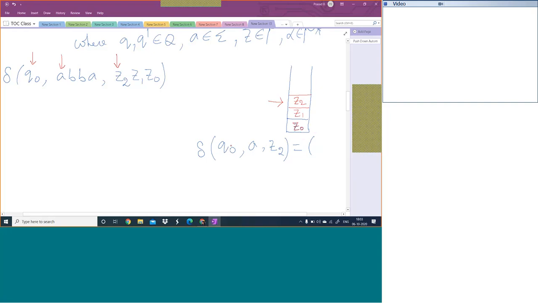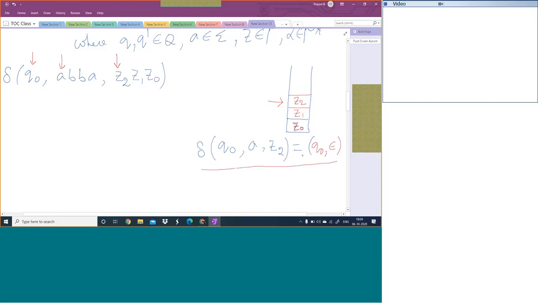If the machine is in Q0, the input symbol is A, and the top symbol is Z2, look at this, I am defining it like this. Don't bother about how I am writing this or why. Just concentrate on the meaning of this entire move.